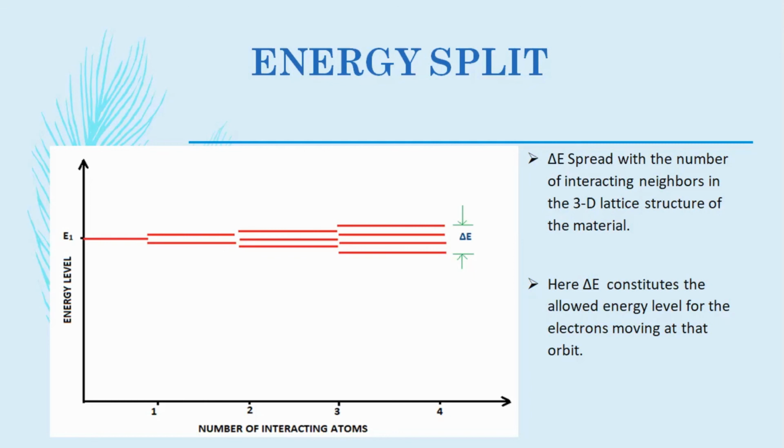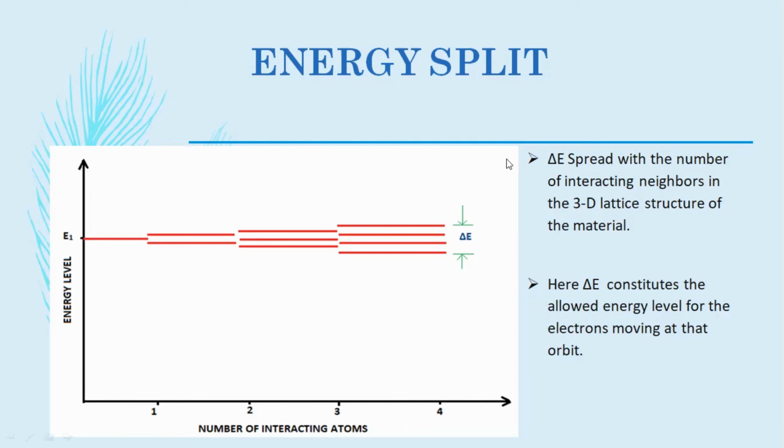That band is, for any atom, regardless of silicon, germanium or anything, the extremely outer layer has some energy band. This is called the valence band.